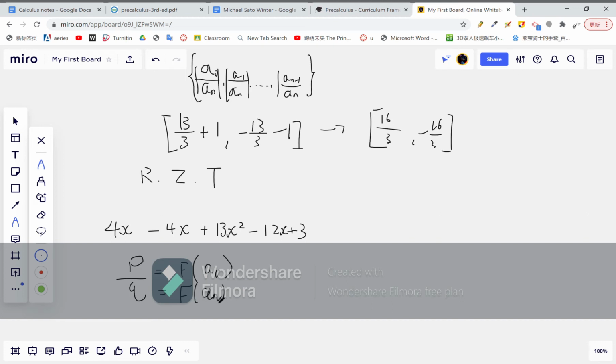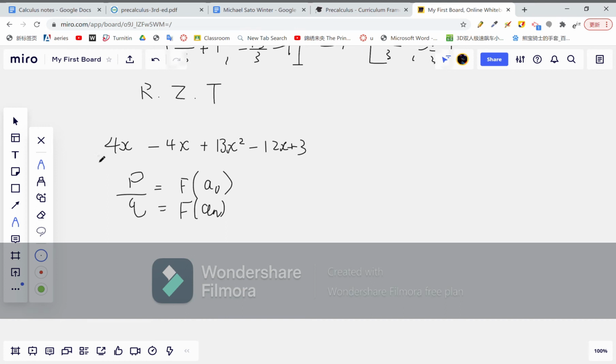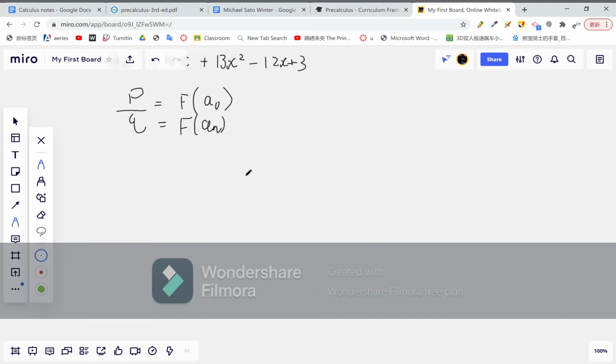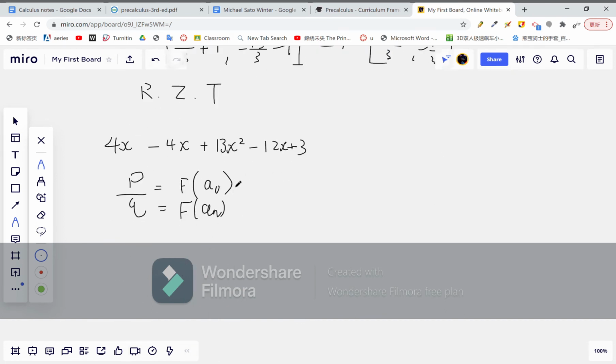The factors of a0 are plus or minus 1, plus or minus 3, and the factors of an are plus or minus 1, plus or minus 2, plus or minus 4.